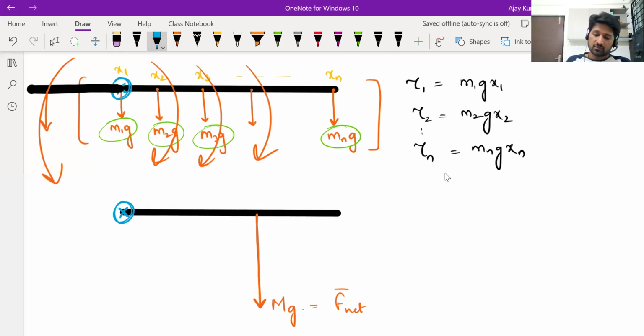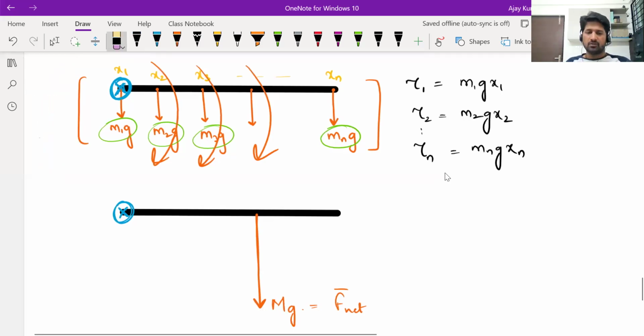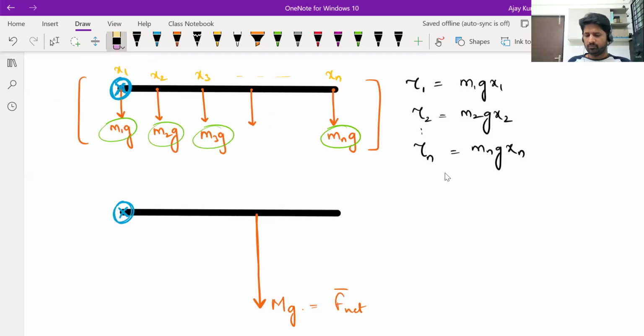But the x-coordinate will take care of that. For the particle on the left side, the x-coordinate will be negative, so torque will come out negative. So we don't have to bother much about whether we should add all of them or we should subtract some of them. You can simply add all of them. For the vectors which are actually supposed to be subtracted, the x-coordinate will be negative, it will take care of that subtraction. So the net torque here is produced by all these mg vectors.